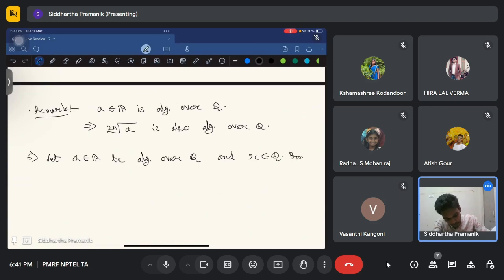Then prove that A to the power r is also algebraic over Q.